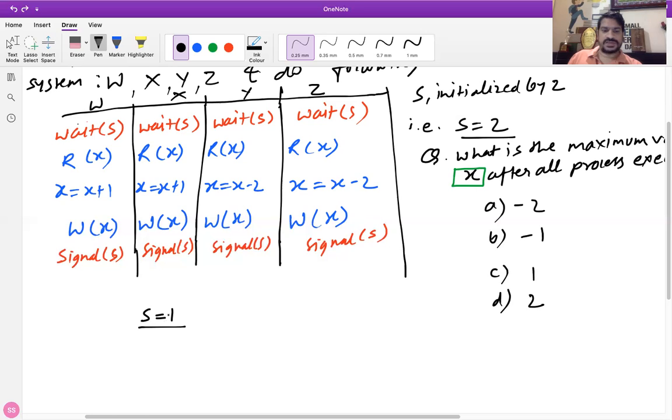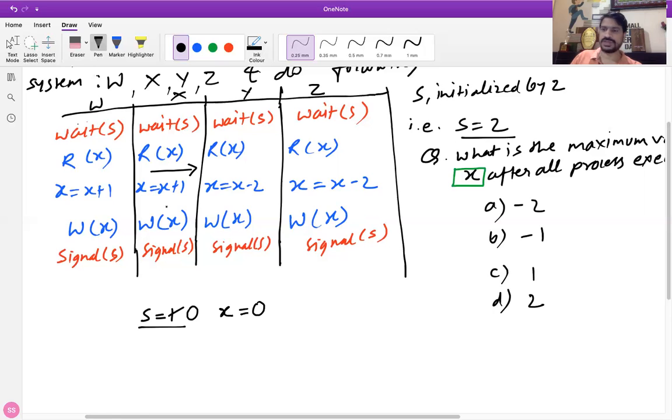And wait will decrement the value of S by 1, so it is 0. Now it will read the value. So what is the value of X? X is 0, which will be read by the X process. Now let's assume that at that particular point, we got a context switch.